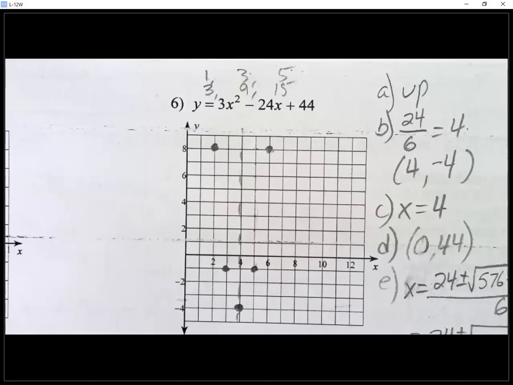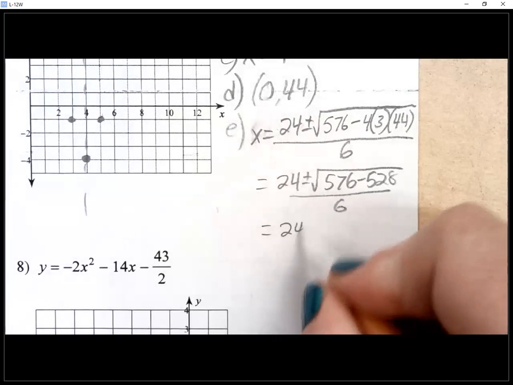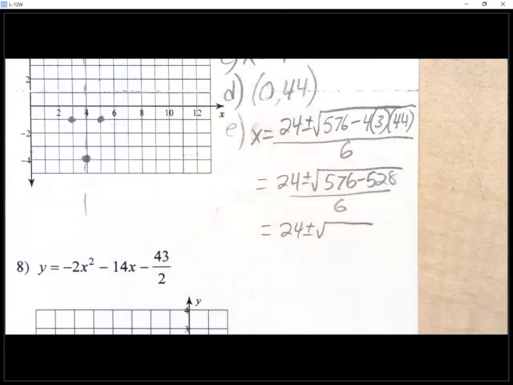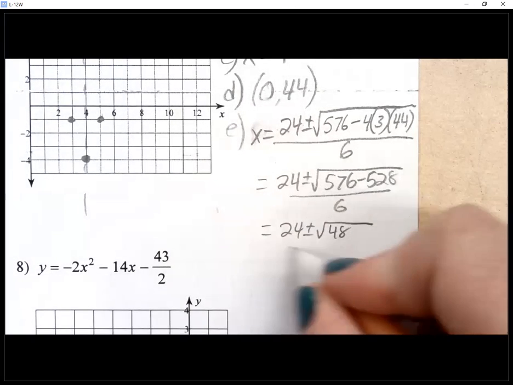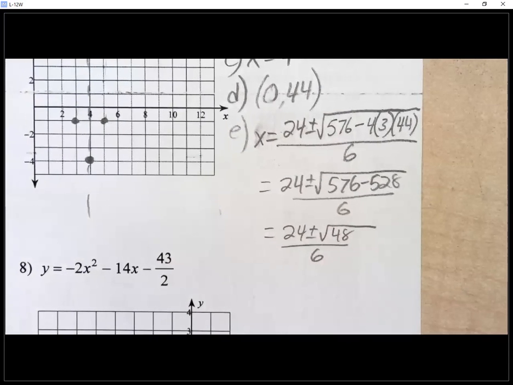So we get a 576 minus 528 all over 6. Oh, I'm sorry, I'm off. You guys didn't even tell me. 48. Now, since I'm graphing, no, all right, never mind.